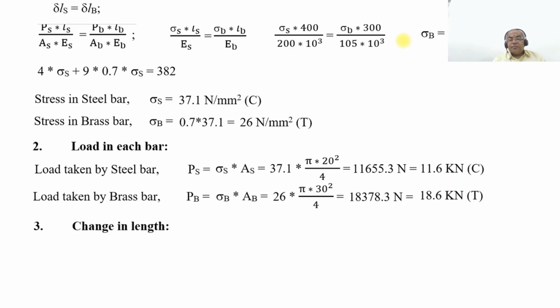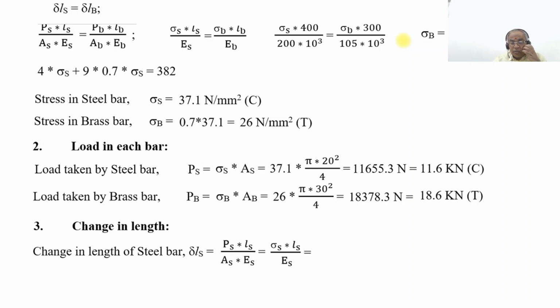So similarly, we have the change in length. So what is the change in length? The change in length of the steel bar, delta LS, will be equal to PS into LS by AS into ES, which is nothing but sigma S into LS by ES. On substituting these values, sigma S is 37.1, the length of the steel bar is 400, divided by Young's modulus, 200 into 10 to the power of 3.